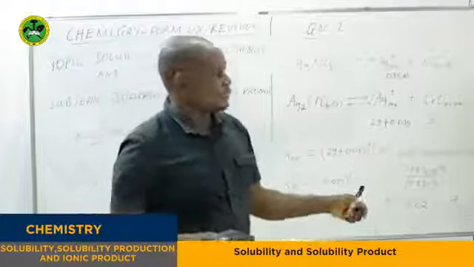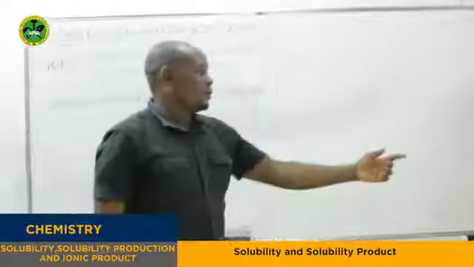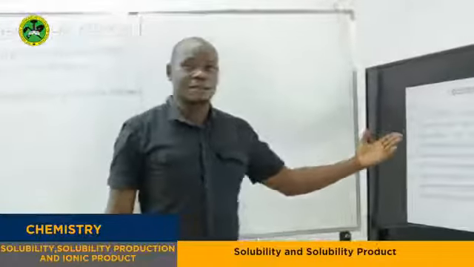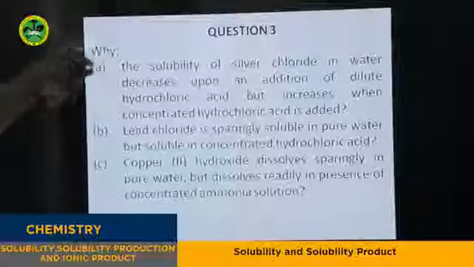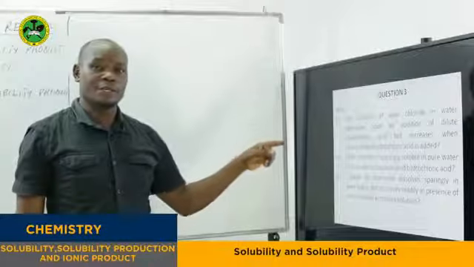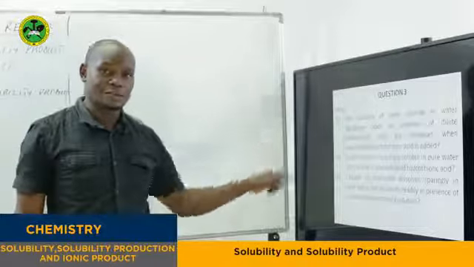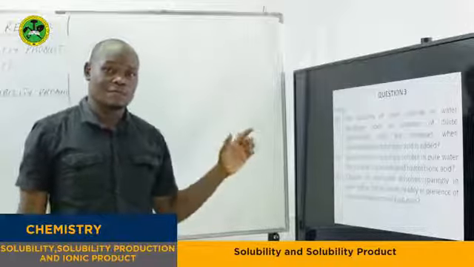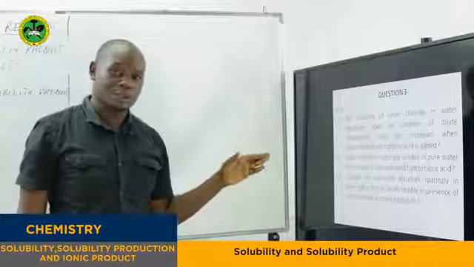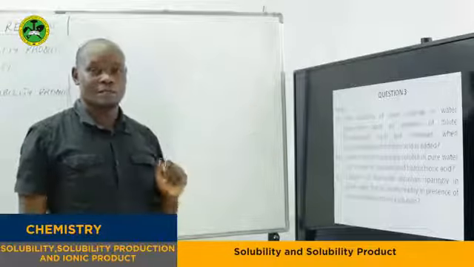Now from there, let us go and consider the third question. Okay, now let us consider the third question. The third question requires you to use the knowledge of complex compound formation, since you remember that we have discussed that one of the factors that affect the solubility of a sparingly soluble substance is the formation of complex compound.